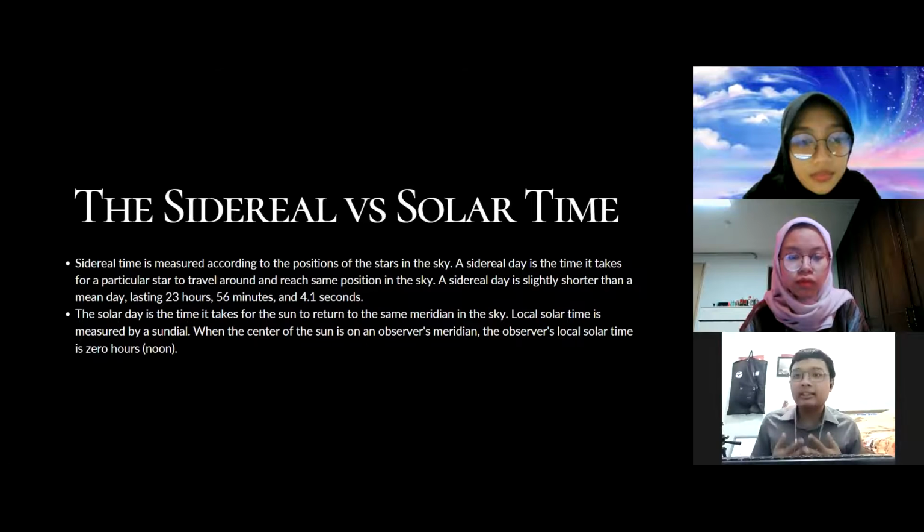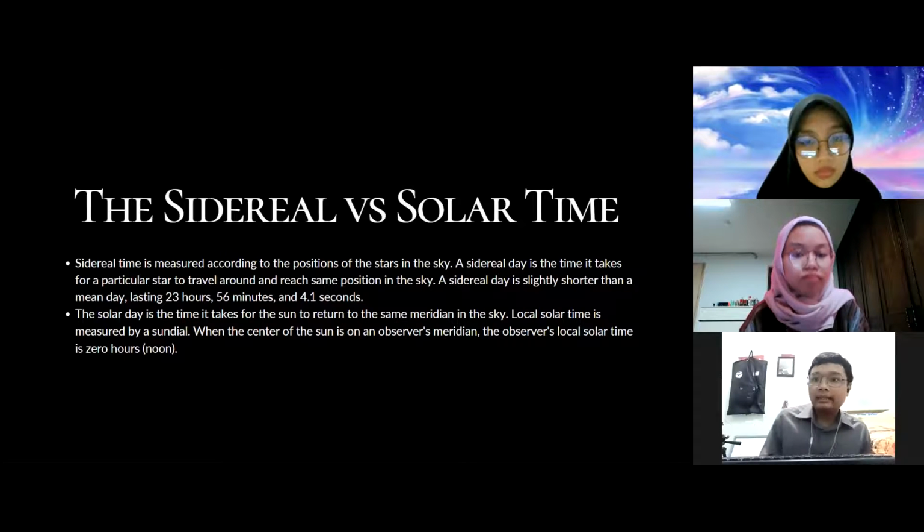What is sidereal? Sidereal time is measured according to the position of the stars in the sky. A sidereal day is the time it takes for a particular star to travel around and reach the same position in the sky. A sidereal day is slightly shorter than a mean day. A mean day is our time, lasting 23 hours, 56 minutes, and 4.1 seconds.